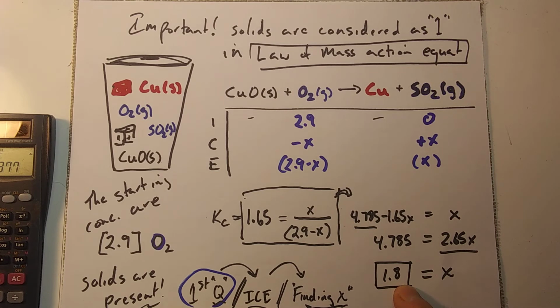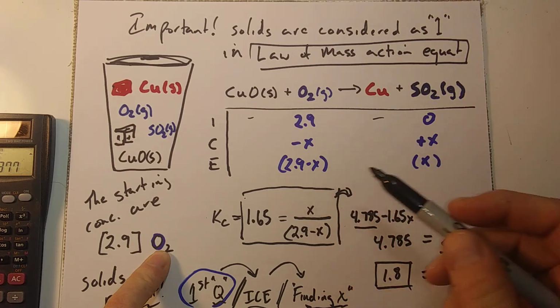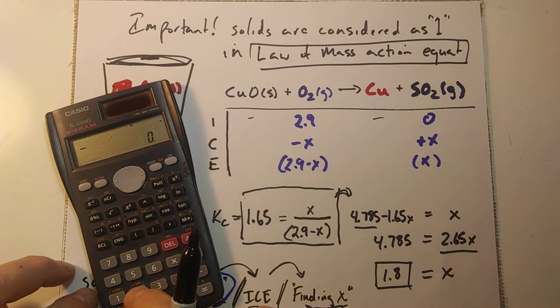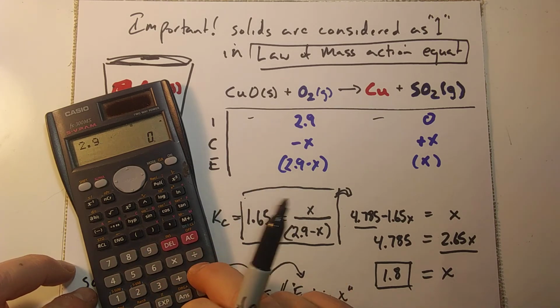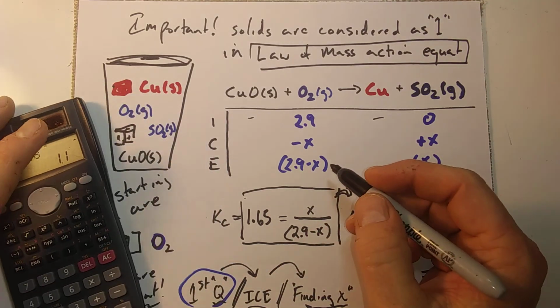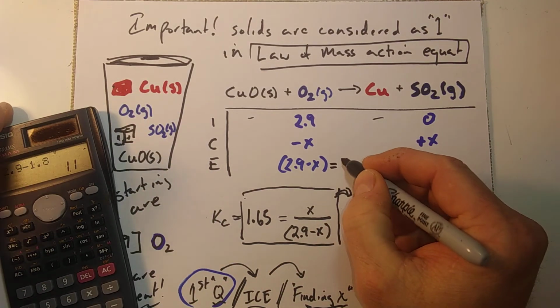We have 1.8. So we can say at the very beginning, my 2.9, I can say, hey, just take 1.8 away from 2.9. 2.9 minus 1.8, and I would be able to say at equilibrium, this would have been equal to 1.1.